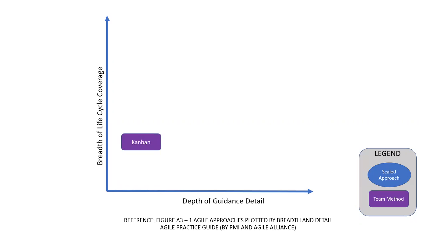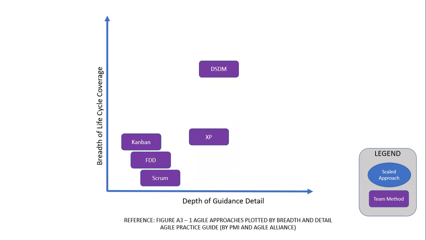However, if you take a look at the legend, you see this is just at the team level. We also have FDD, getting a little bit more in economies of depth, and then Scrum that a whole lot of companies use. In fact, of those companies that use Agile, over 70% of them use Scrum. It's widely popular, or some elements of Scrum. XP and DSDM, Agile Up, those are all team methods.